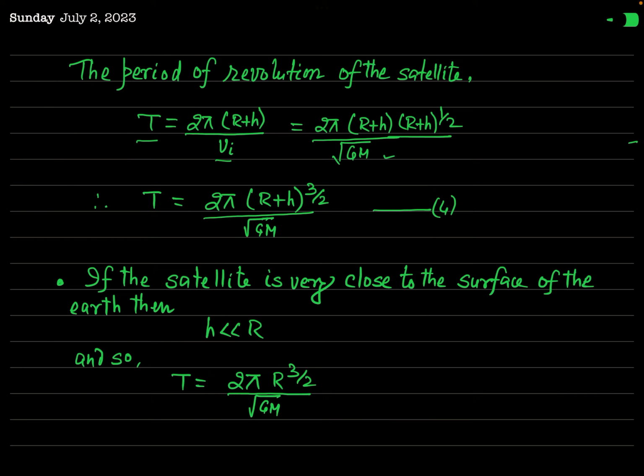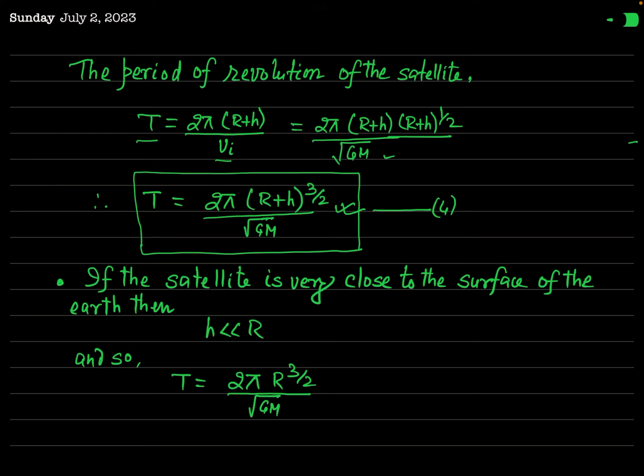So T will simply be 2 pi times (R plus h) to the power 3 by 2, divided by root over GM. This is the expression for the period of revolution of this satellite if it is revolving in a circular orbit. Mark it. This is the time period for a circular orbit.